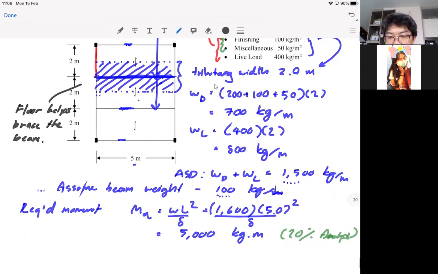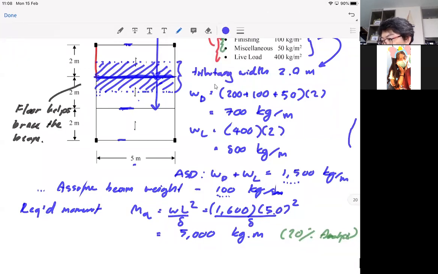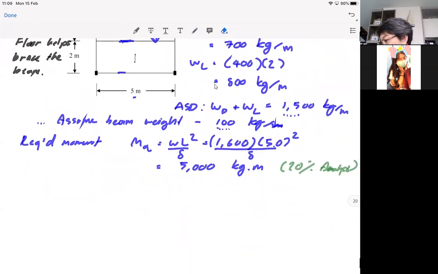So let's say if we don't have the local buckling issue, your beam would be able to reach MP, and that would mean that we can try to select our beam right away by using the plastic section modulus just like before. So now I can say that my nominal moment over factor of safety must be greater than or equal to MA.